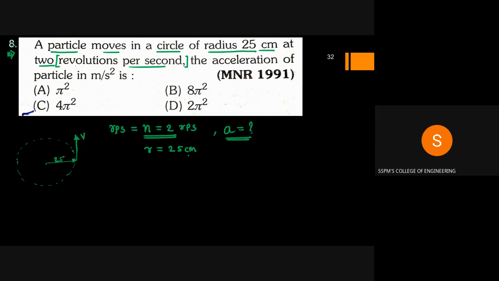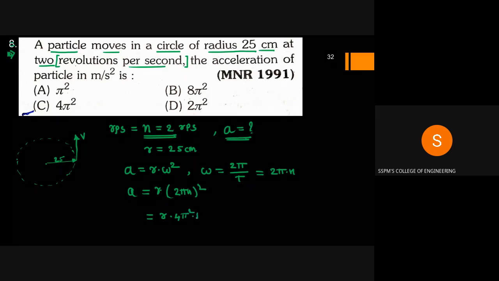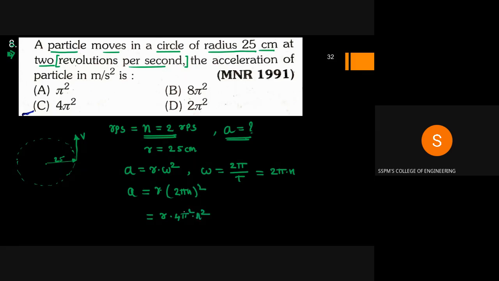So acceleration is equal to r into 2 pi n square. So this is equal to r 4 pi square into n square. Okay.